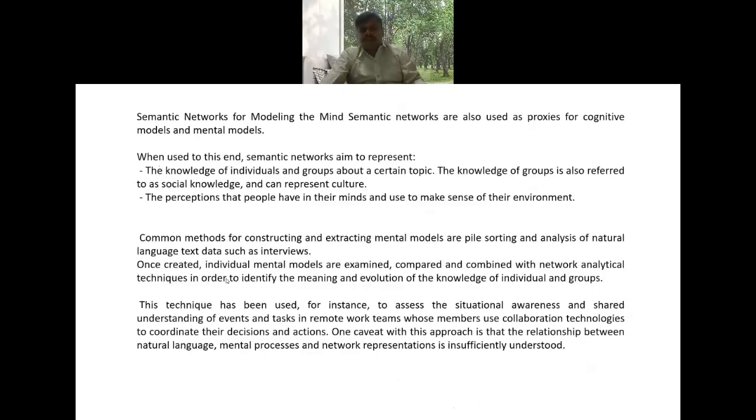Once the model is created, individual mental models are examined. They are compared and combined with network analytical techniques in order to identify the meaning and evolution of the knowledge of individuals and groups.